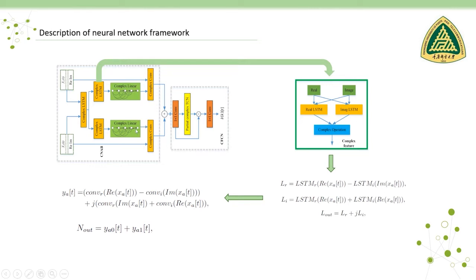So we use complex linear to get complex output, and then use this complex beamforming filter to convolve with this complex input to get the output, and then use CFCN to process the output of CNAB.